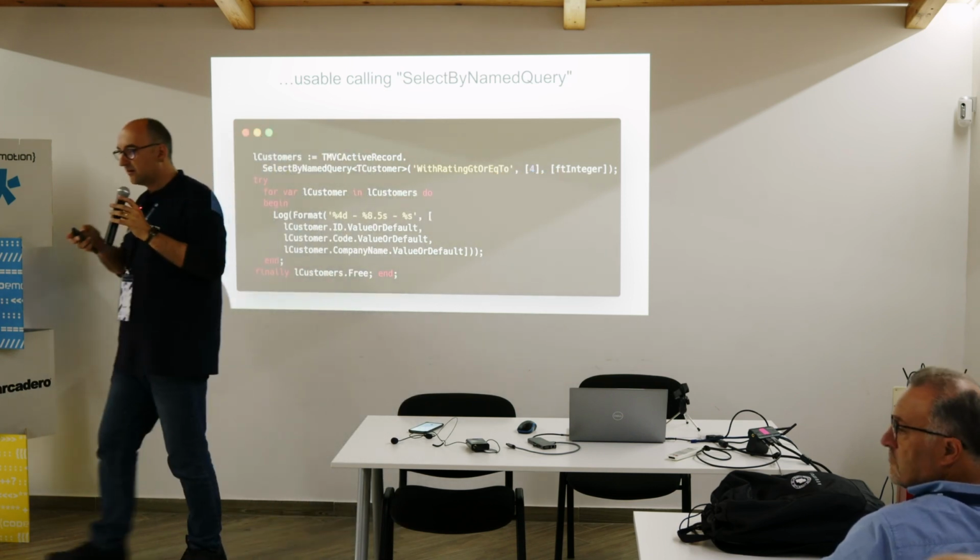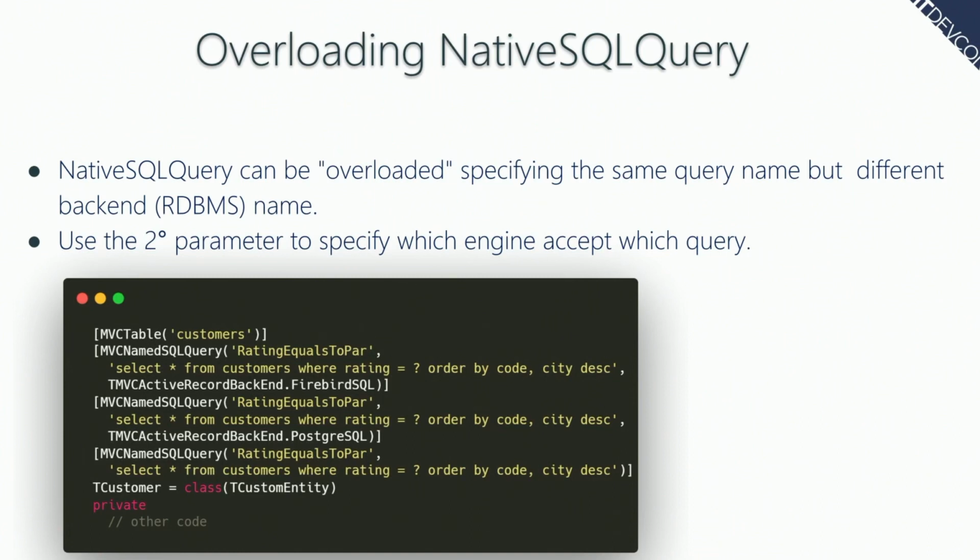That's it. Okay? Native SQL query: considering that MVC Active Record supports 6 different engines as database, the SQL could be different between dialects, Oracle, Postgres, Firebird, and so on. So how to handle these differences?